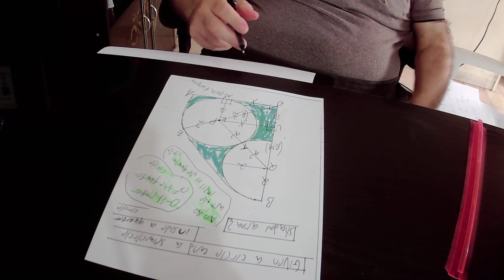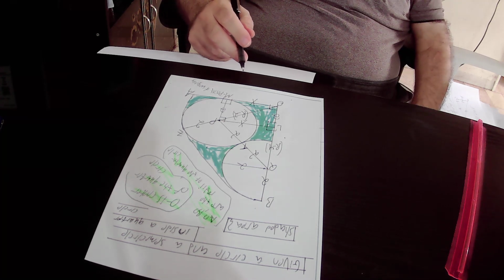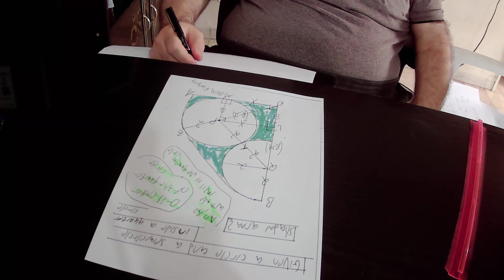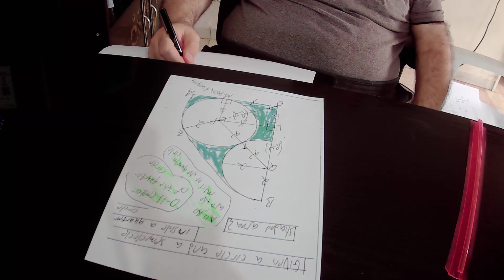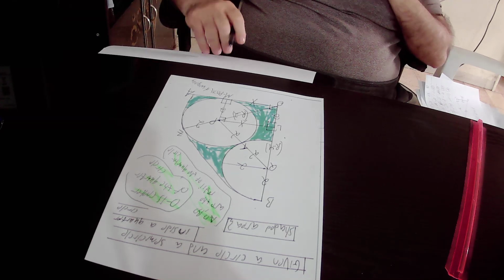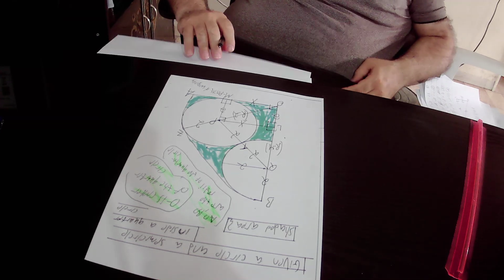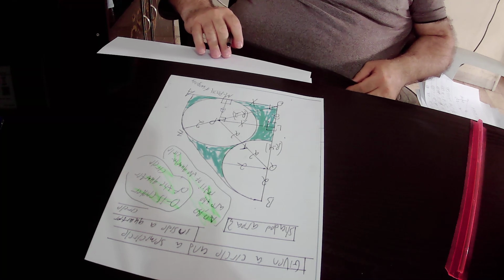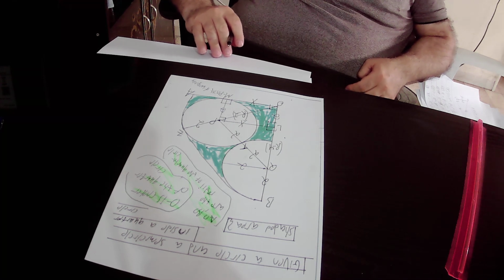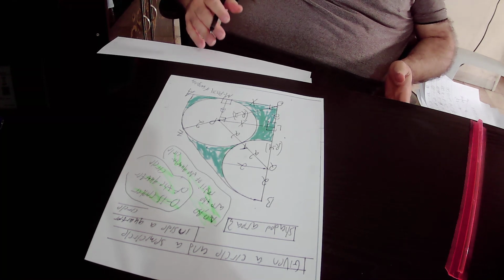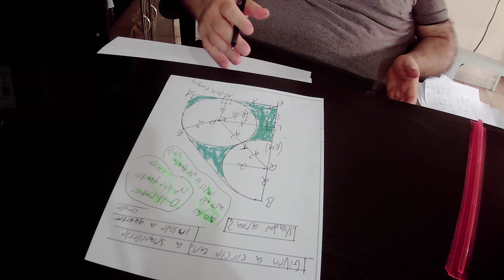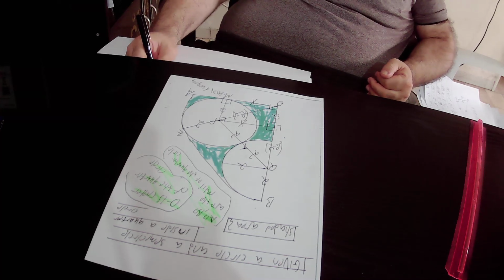The area of the circle equals pi R squared and R equals 2, so it is pi 2 squared. Minus the area of the semicircle. The area of the semicircle is the area of the circle over 2, that is pi R squared over 2, and R equals 2, so it is pi 2 squared over 2.